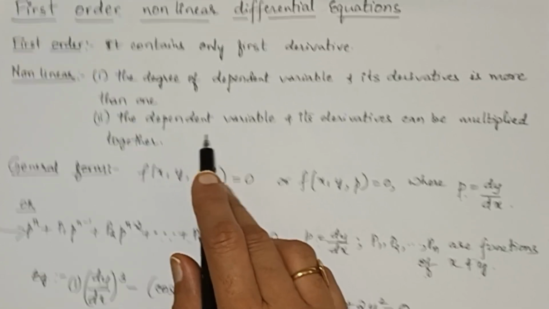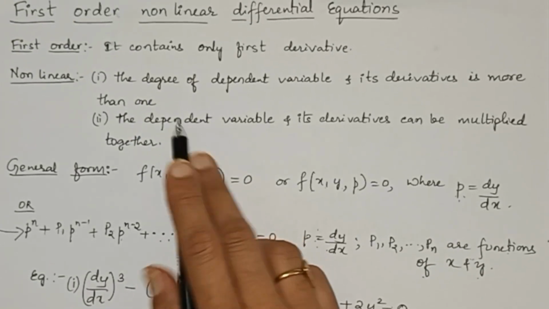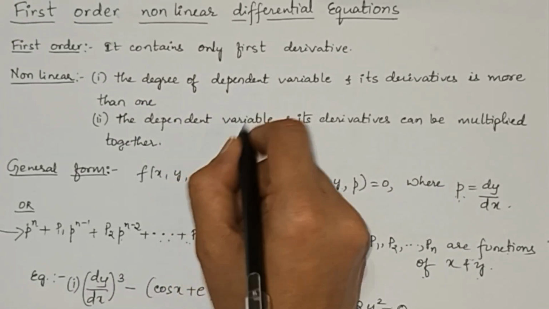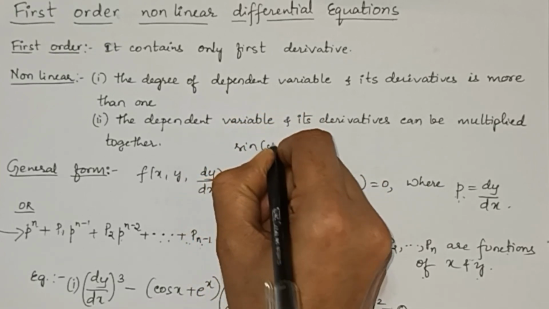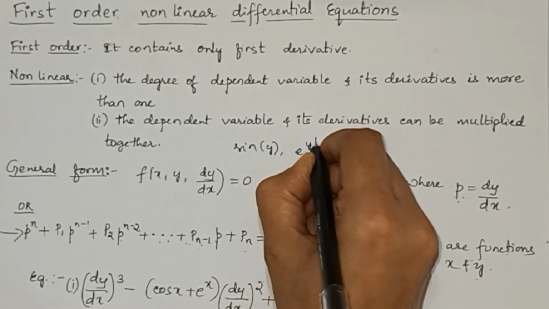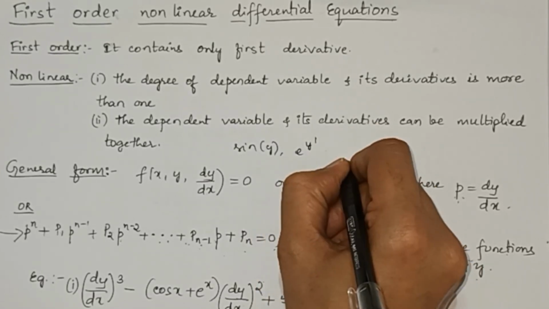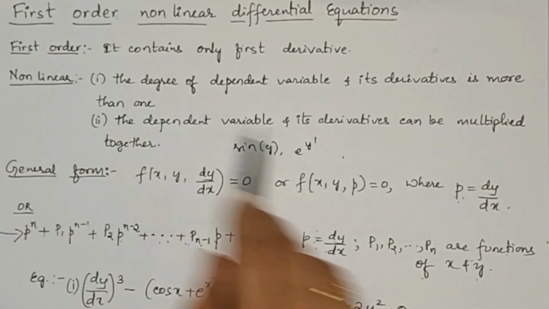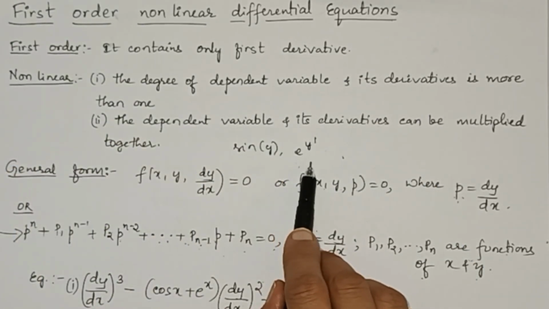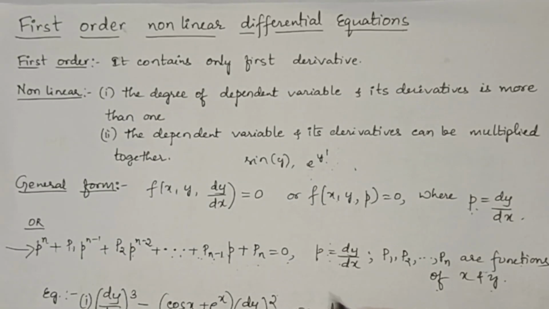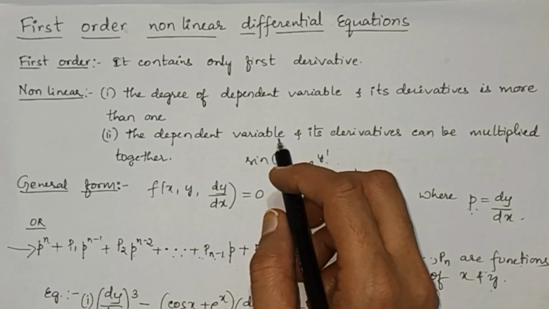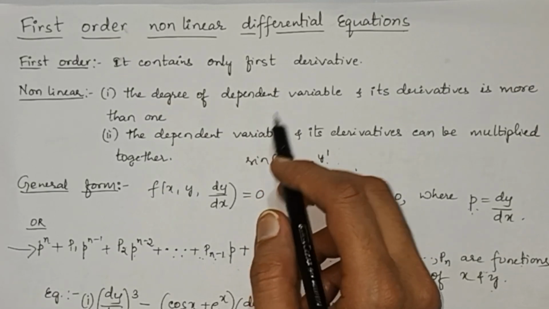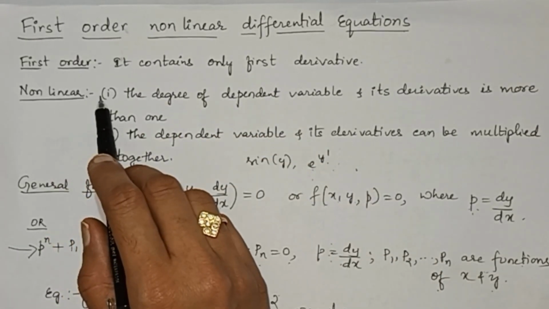One more case can contribute to nonlinearity: if you have any term like sine of y or e to the power y, all these contribute to the nonlinearity because this is nonlinear in y. If any one of these three conditions holds, then we call it a nonlinear differential equation.